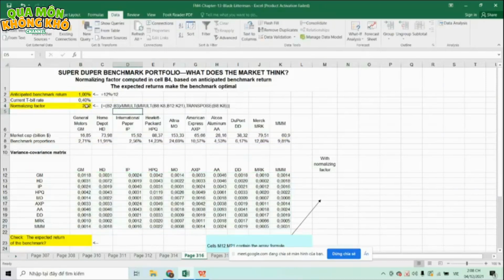So here is the normalizing factor that we need to compute.